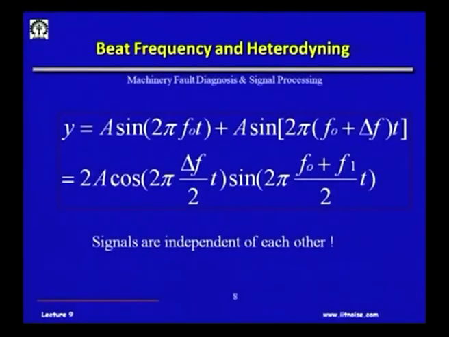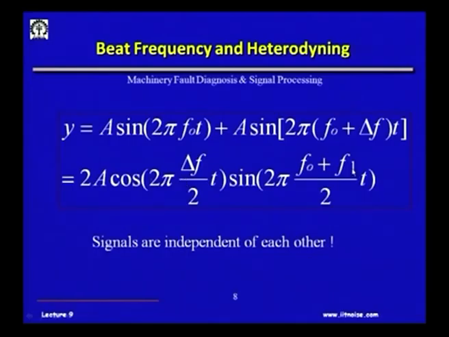And this is what happens. For example, when I have the signal 2 pi f naught t and it is very close to f naught plus delta f, okay. And once these two frequencies match, delta f becomes 0, okay.